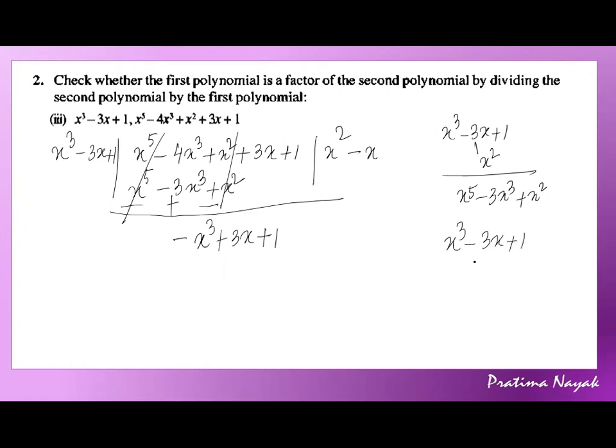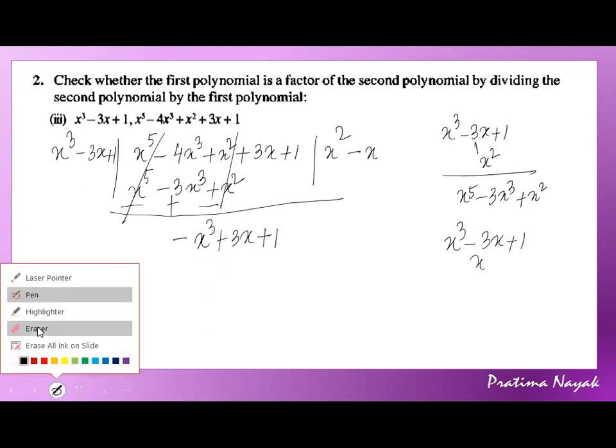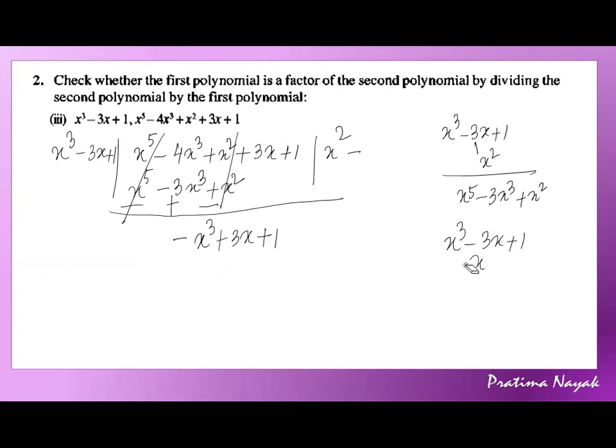I'll multiply with x. Very sorry, not x, we need only 1, because x is already there, minus 1. So when minus 1 is multiplied, I'll get minus x cube plus 3x minus 1.